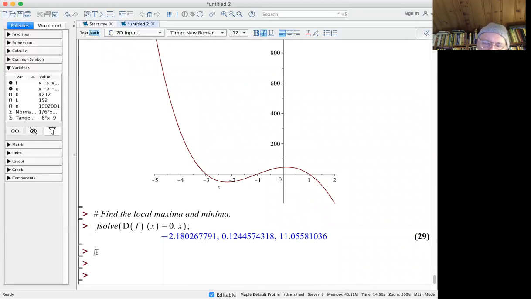How do we take the second derivative? Let's say d at 2 of f. That's the second derivative. So let me give these points names.